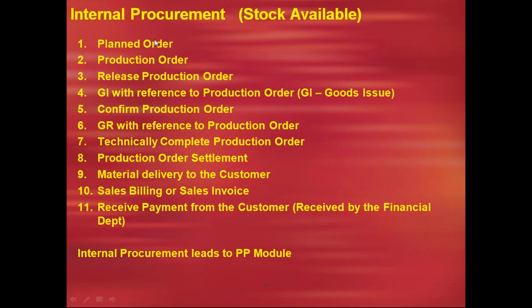So here also planning will take place and the order is called a planned order. Based upon the planned order, as we have the stocks of the raw materials, then we'll go for a production order. So create a production order. Then we are going to release the production order.